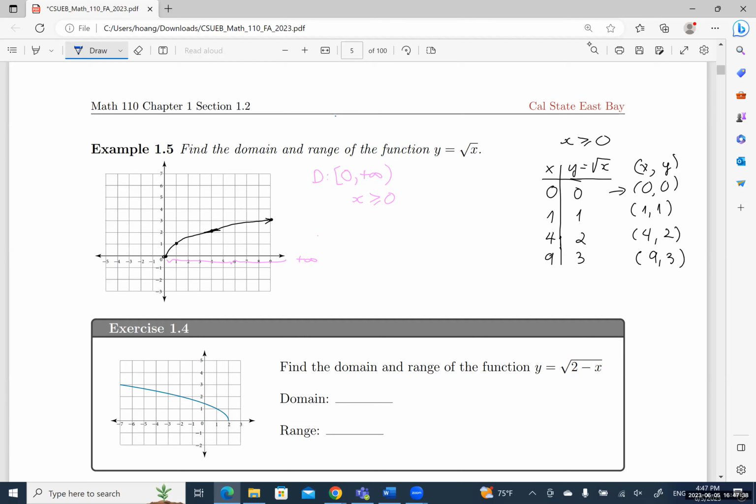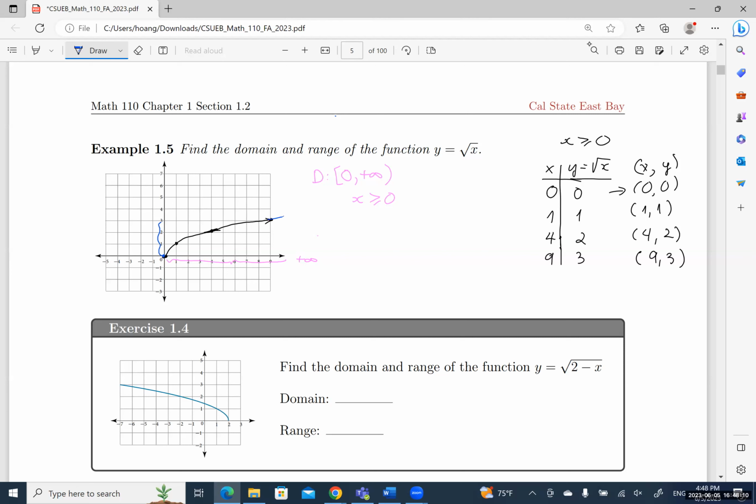So what about the range? The range also starts from 0 here. And right now it looks like we go up to 3, right? However, think about if I keep making it farther and farther.